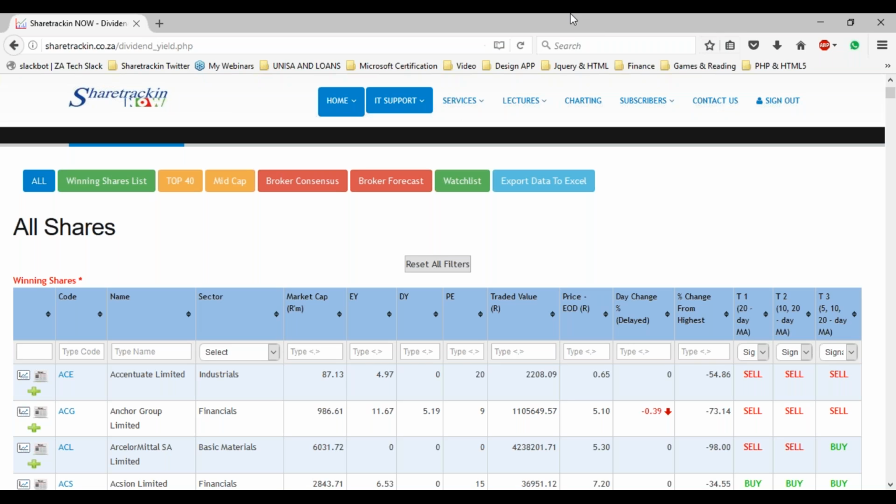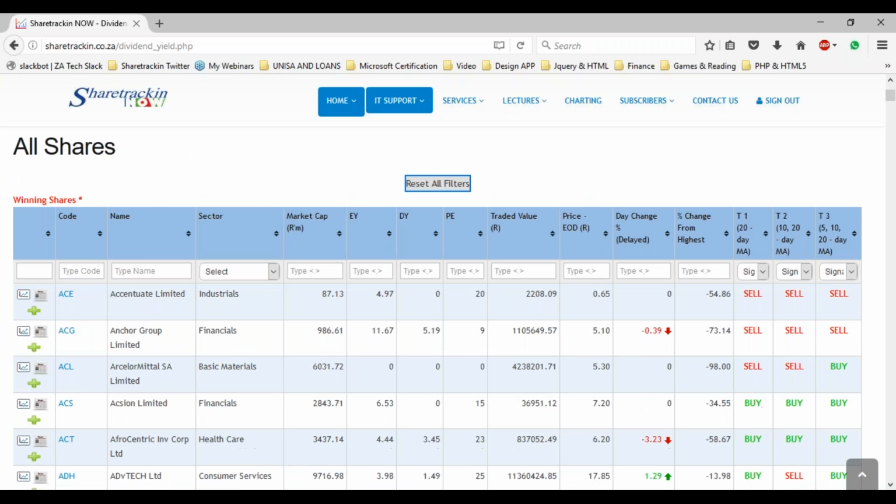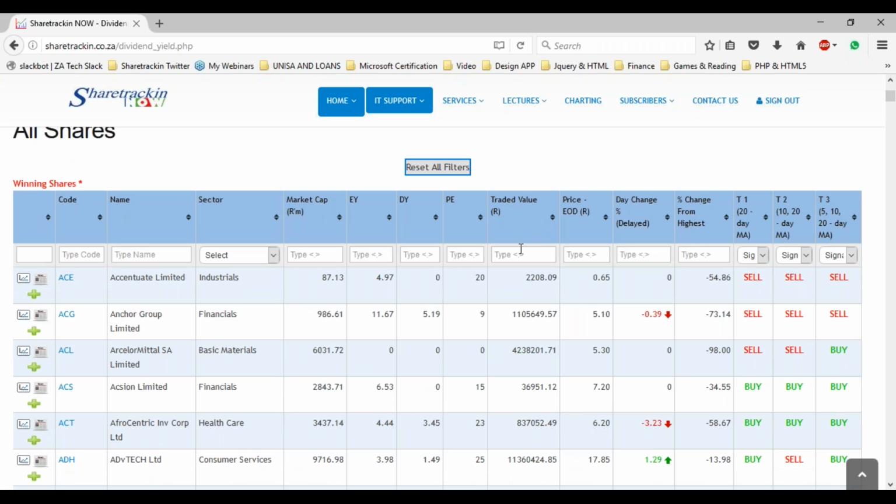Now, if you go to your share filter, and remember you've got your share filter, you'll see there's a tab which is called traded value. And in that traded value, what you want to filter for is anything trading more than 3 times the amount you have to invest.